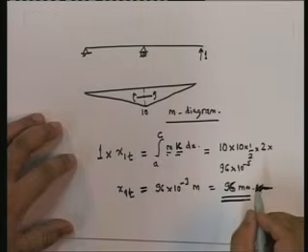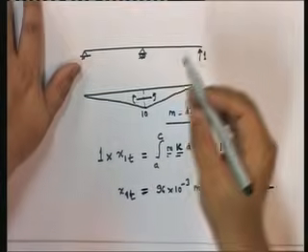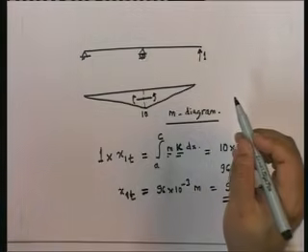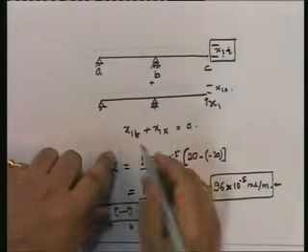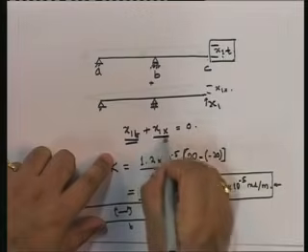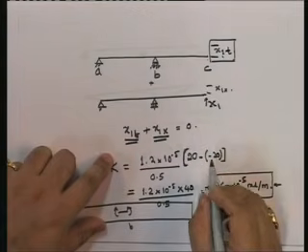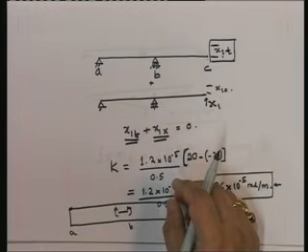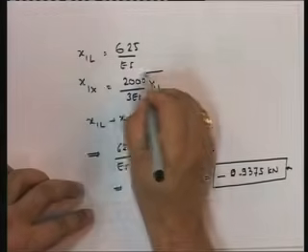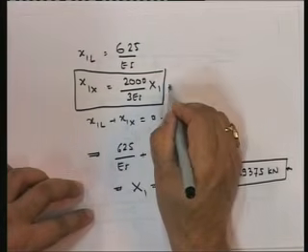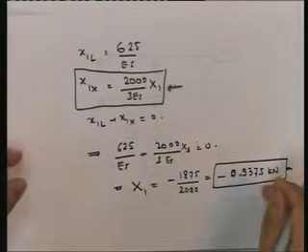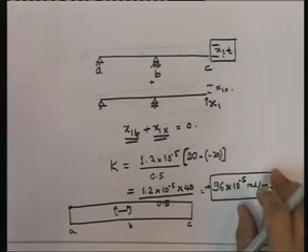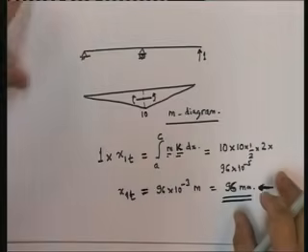Now how do I find out the forces? Well, I have to find out x1. Note that I have found out x1 of t, and I need to find out x1 of x. I have already found out x1 of x earlier. Remember? X1 of x is this. This does not change. So if I plug that in here, what do I get?